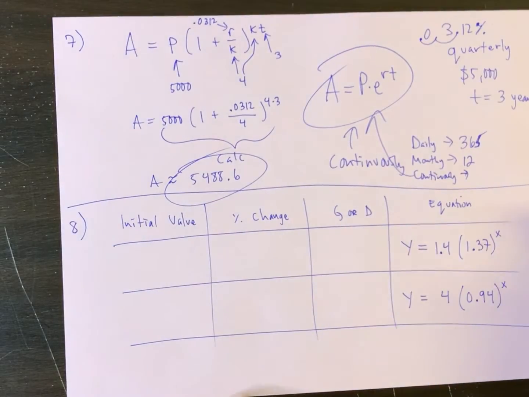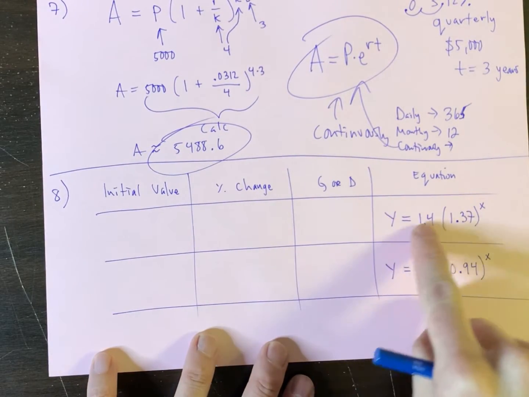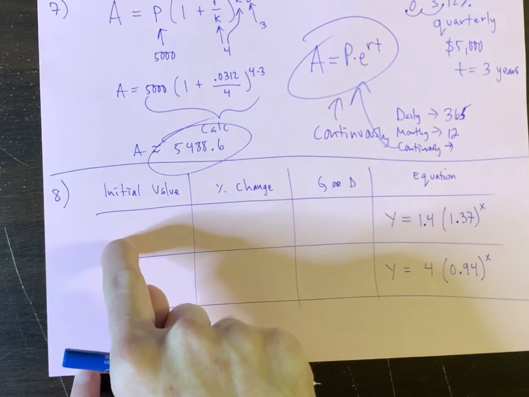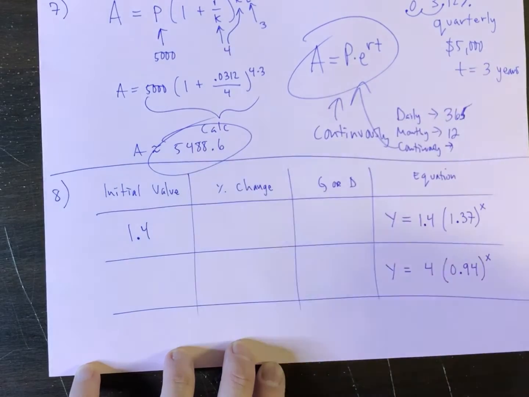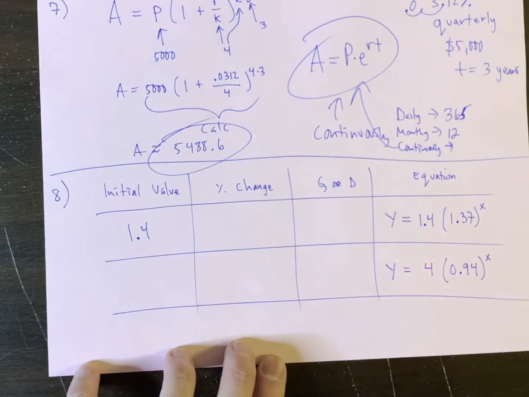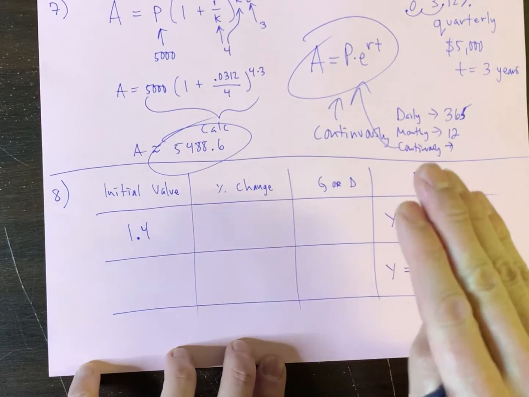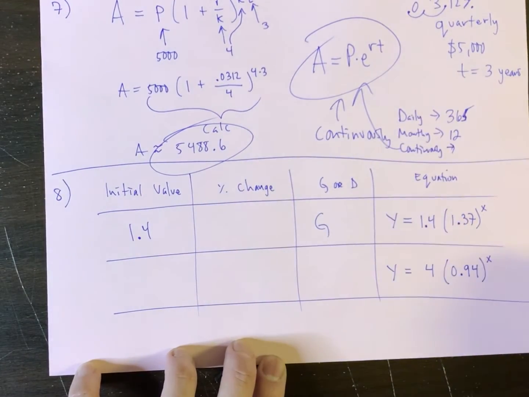Now looking at number 8. So check it out. They give you an equation, and you have to tell them this, this, and this. So the number outside is the initial value, 1.4. Is it growth or decay? If the number in the parentheses is bigger than 1, growth. If the number in the parentheses is less than 1, decay. This is bigger than 1, this is growth.